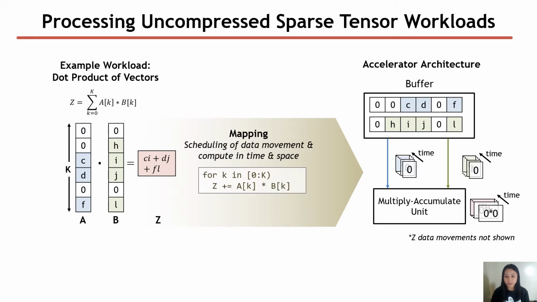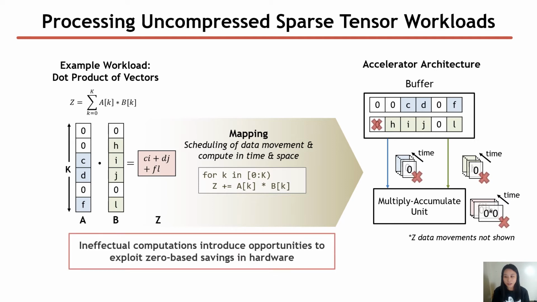Across time, we will be sending the corresponding entries in vectors a and b to the multiply accumulation unit. As you probably have already noticed, all of these computations are very interesting because some of them are actually ineffectual, and there are a lot of opportunities for us to exploit because of these zero values in the computation and in the storage. Thus, ineffectual computations introduce a lot of opportunities for us to exploit as hardware designers.